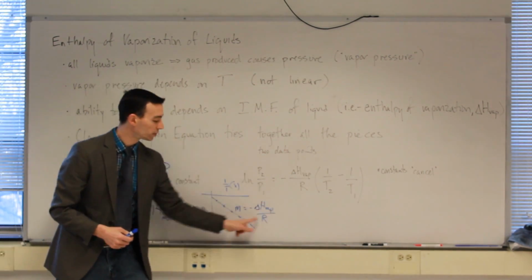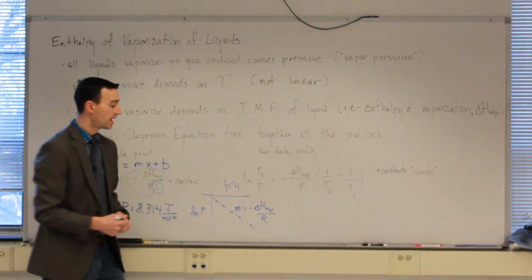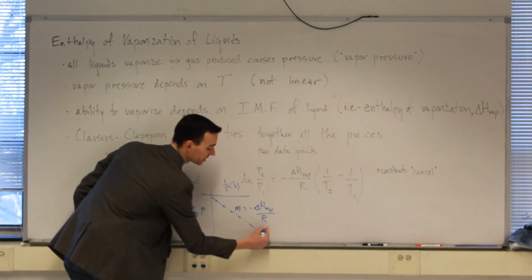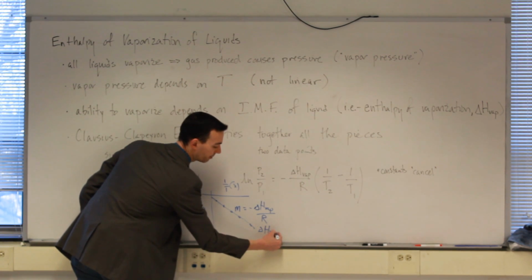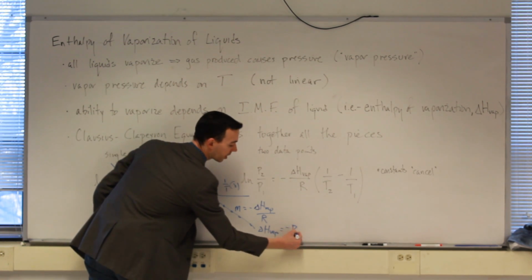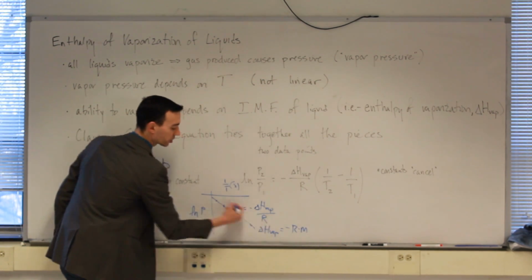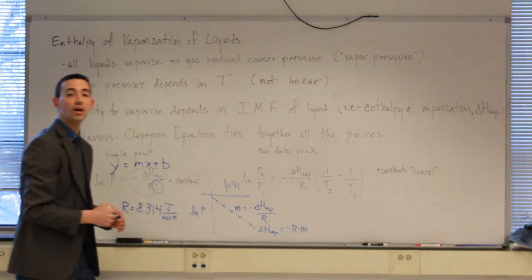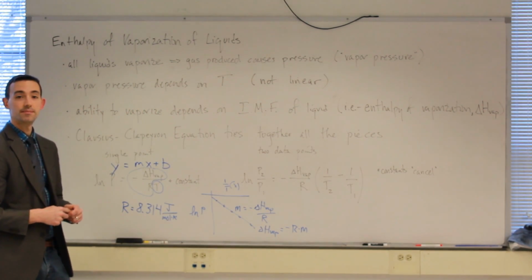That number equals this combination, and your enthalpy of vaporization then is simply negative R times m, right? You just multiply the negative and the R over to the other side.